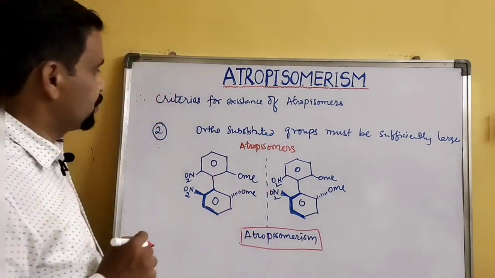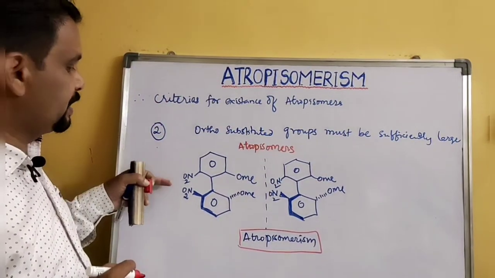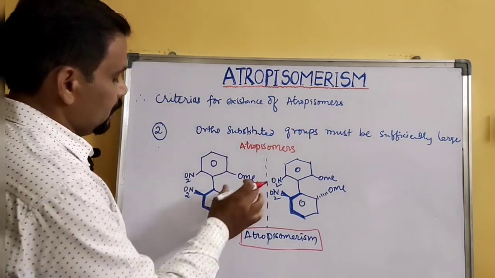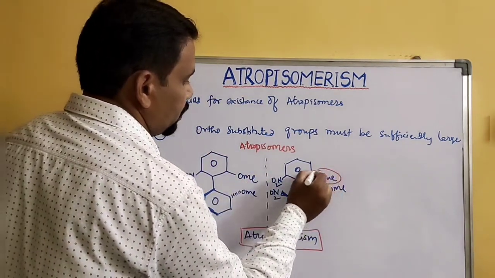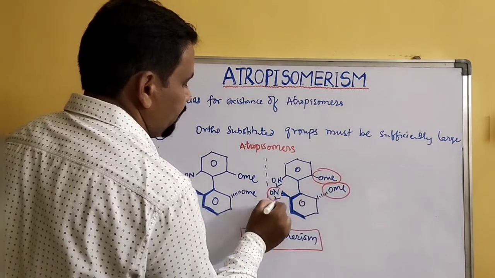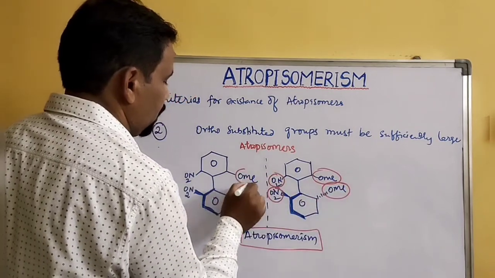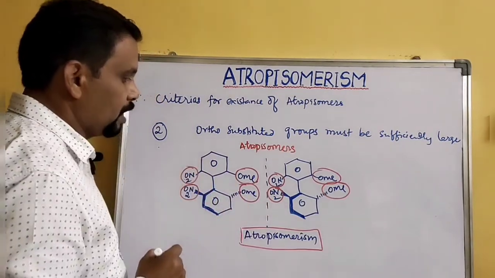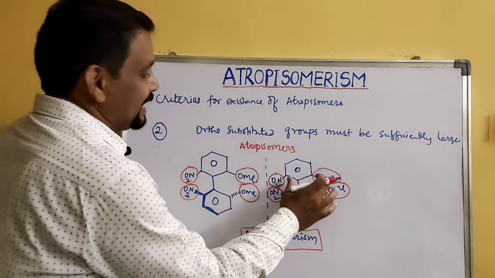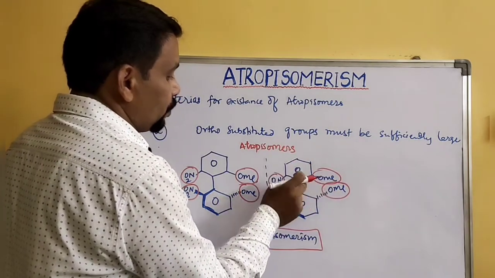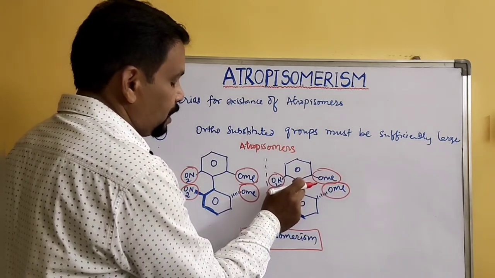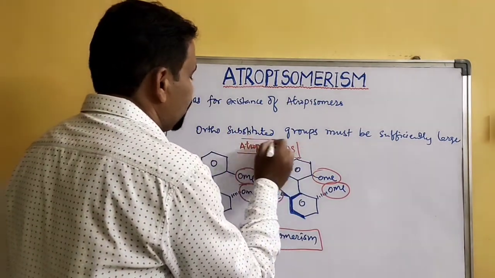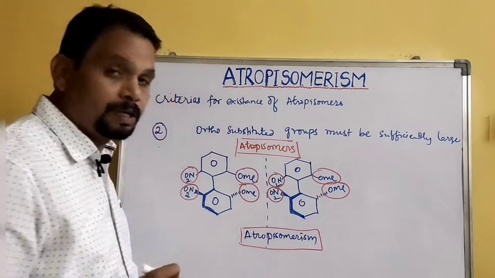And the criteria to exist as heteroisomers: the ortho substituted groups must be sufficiently large, therefore they restrict the rotation about this pivotal bond and they exist as heteroisomers, and this phenomenon is called heteroisomerism.